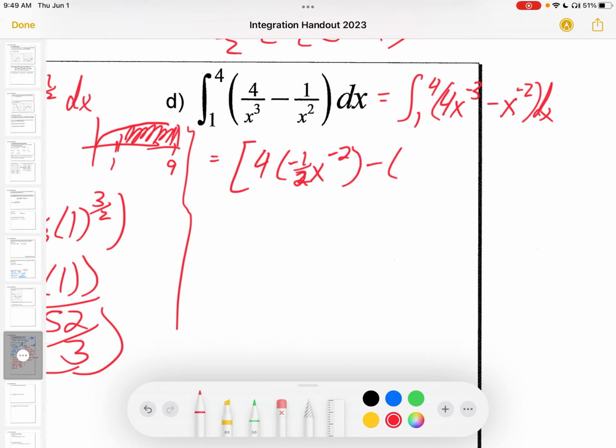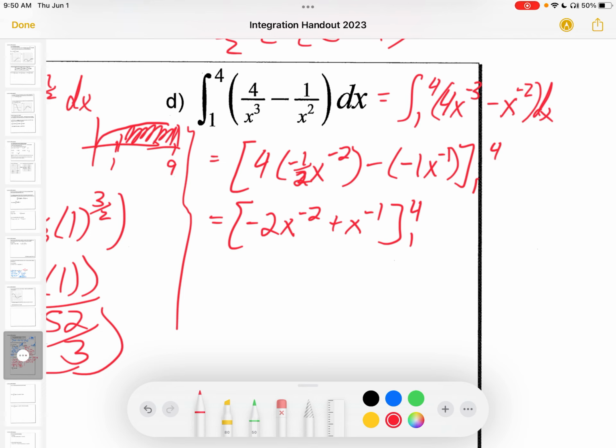I'm going to have the power go up by 1, and the flip of the new power go in front. Well, the flip of -1 is just -1. And we're going from 1 to 4. Now, I probably want to clean that up. So that would be -2 x to the minus 2 plus x to the minus 1.